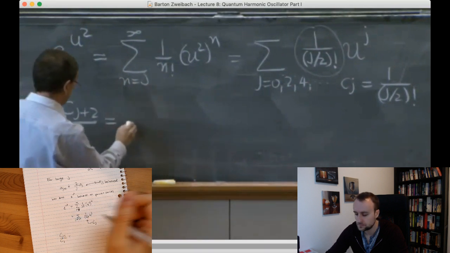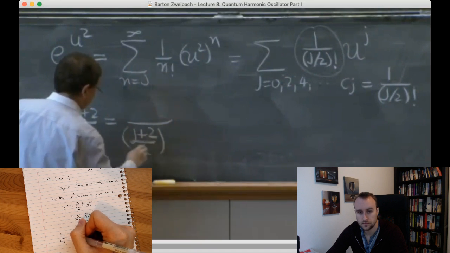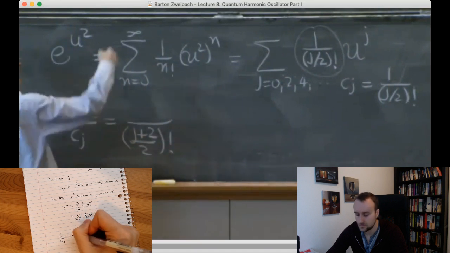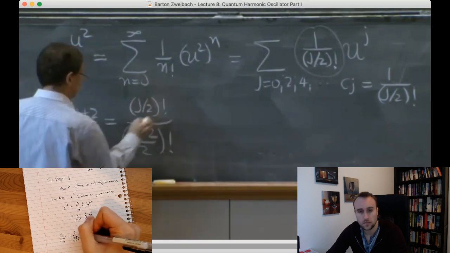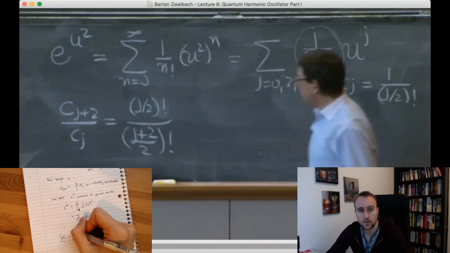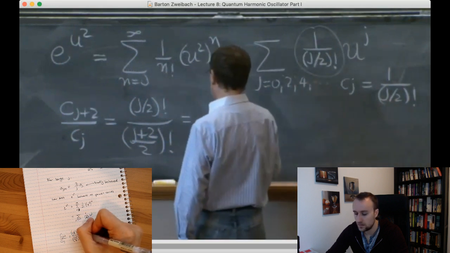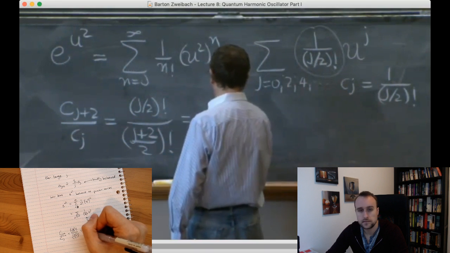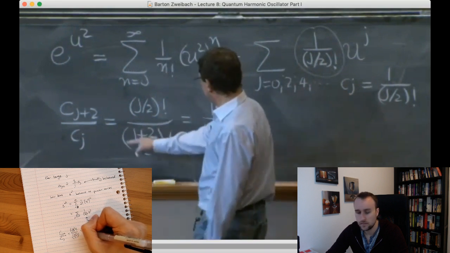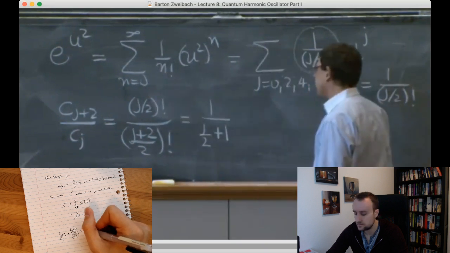Well, this would be 1 over j plus 2 over 2 factorial, and up there, j over 2 factorial. Well, this has one more factor in the denominator than the numerator. So this is roughly 1 over j over 2 plus 1, the last value of this. This integer is just 1 bigger than that.